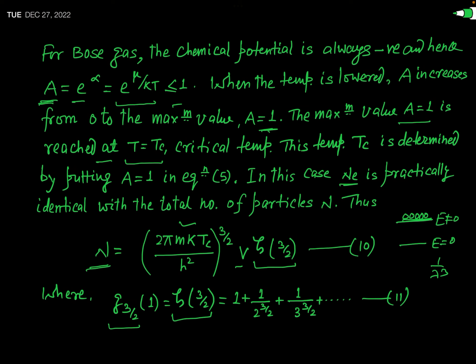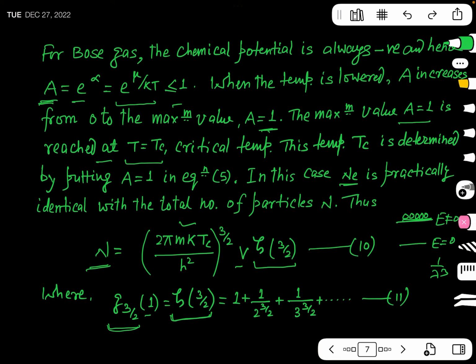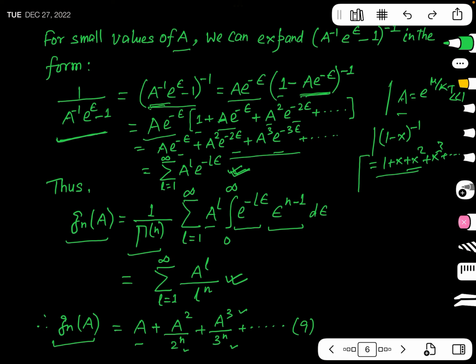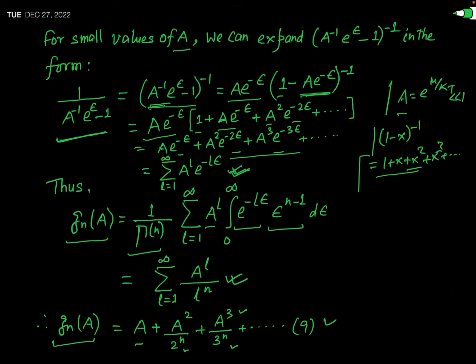And what will be actually the value of this zeta 3 by 2 or g 3 by 2 of 1? 1 here is for A, and you can see the general value of Gn of A is defined in this equation 9. So from here you can easily find what will be G3 by 2 of 1.